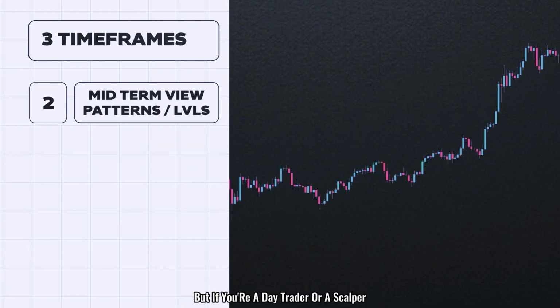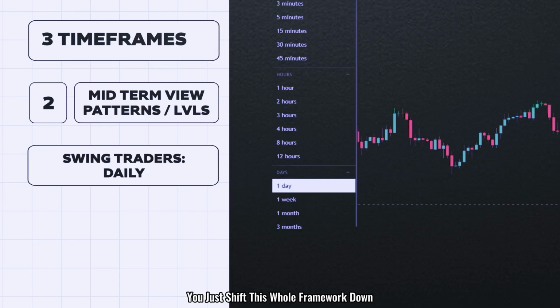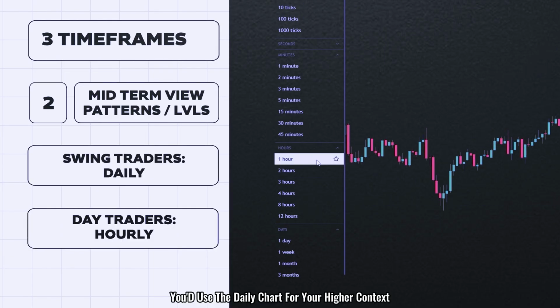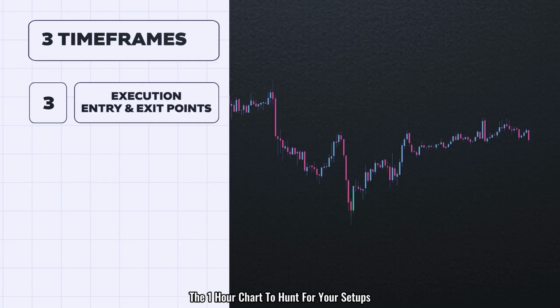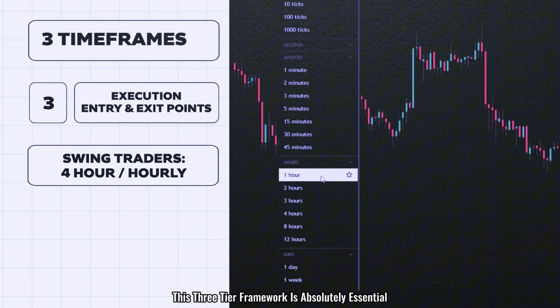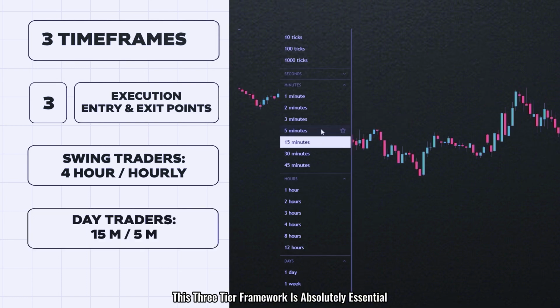But if you're a day trader or a scalper looking for those quick intraday moves, you just shift this whole framework down. You'd use the daily chart for your higher context, the 1-hour chart to hunt for your setups, and then the 15-minute or 5-minute charts to actually pull the trigger. But honestly, no matter your personal trading style, this 3-tier framework is absolutely essential.